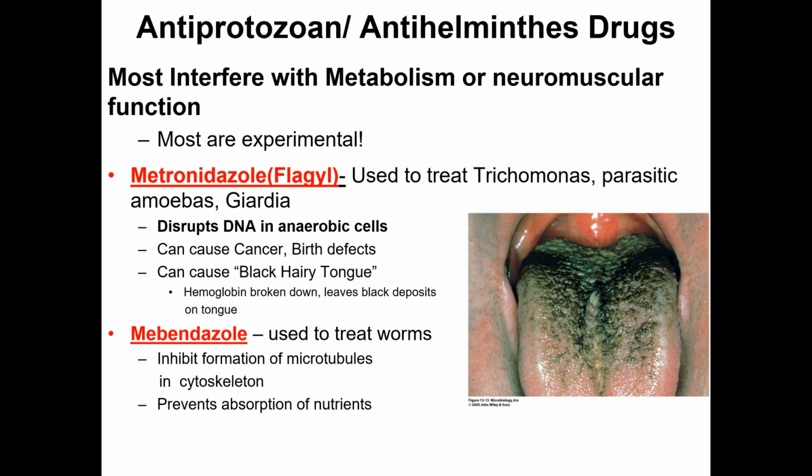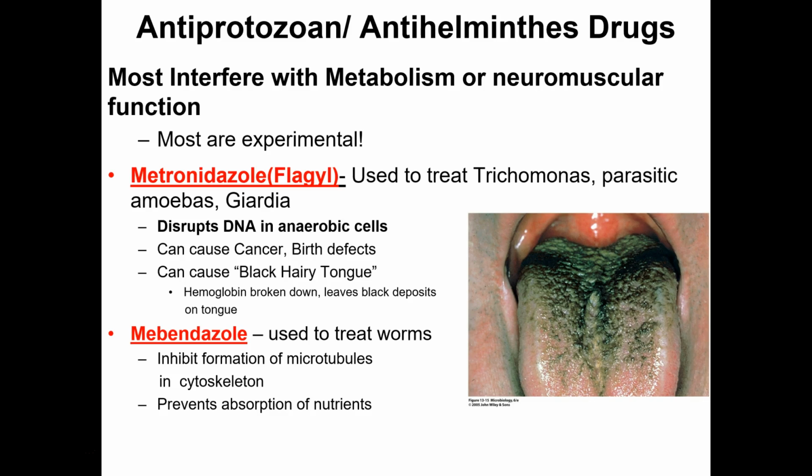But it does have some unfortunate side effects. It is mildly carcinogenic, it can and will cause birth defects in pregnant women, and it disrupts your blood cells. So you can see the individual's got black hairy tongue. It's just from the broken down blood vessels. Dealing with worms, from what I have read, the most popular choice is mebendazole.